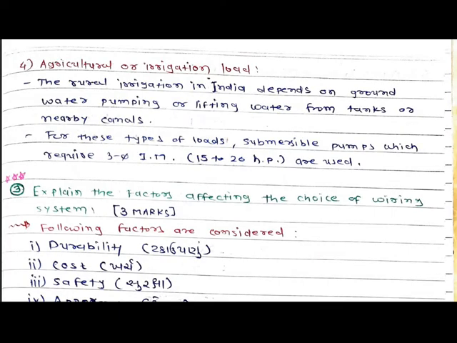And the last one is agricultural or irrigation load. The rural irrigation in India depends on groundwater pumping or lifting water from tanks or nearby canals.